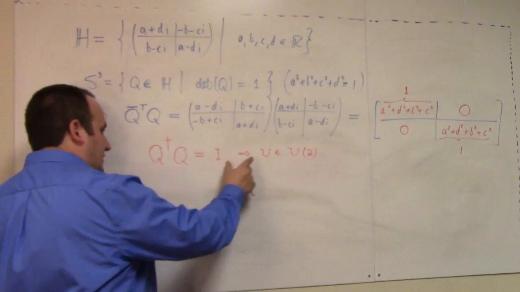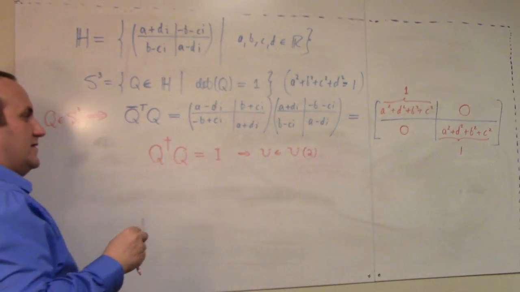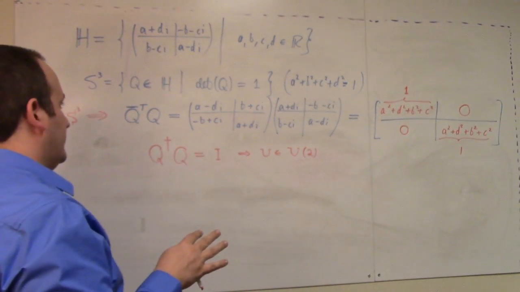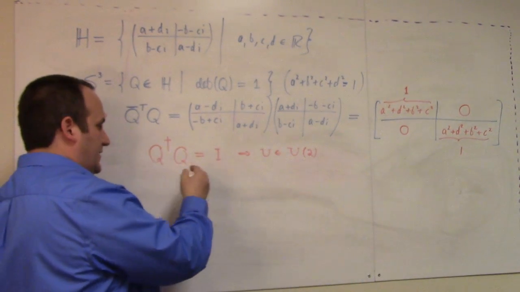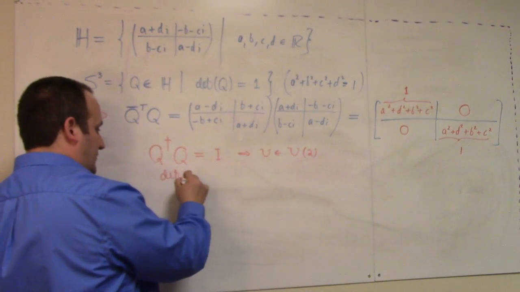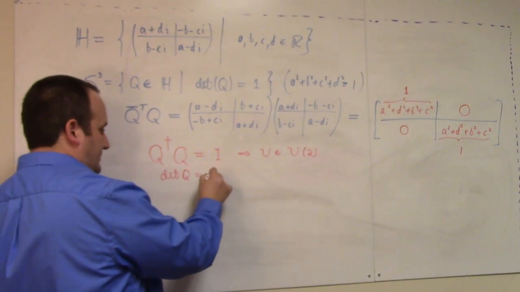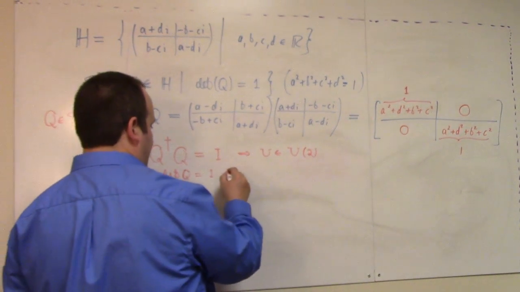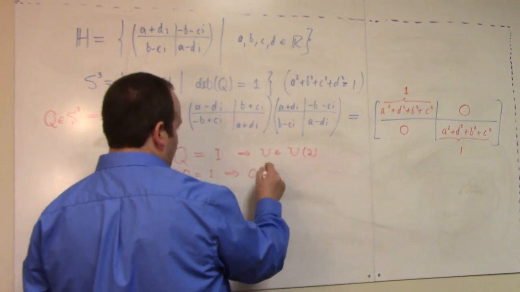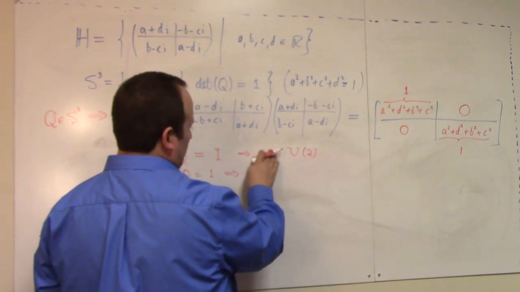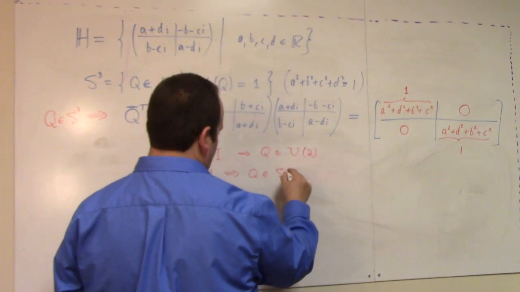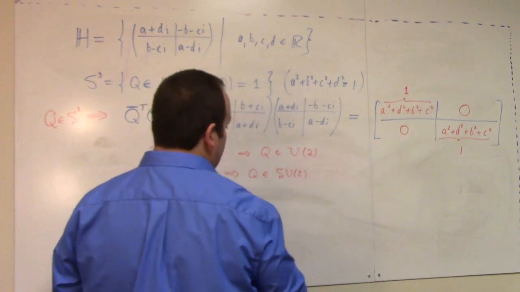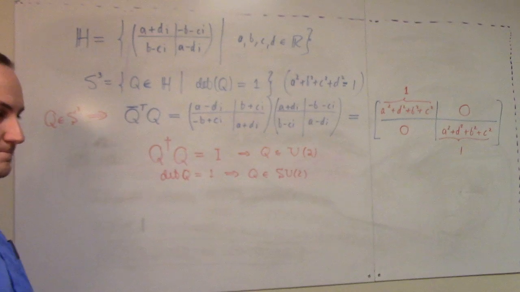So that's a unitary 2x2 matrix, and since the determinant of Q is also equal to 1, Q is actually an element of SU2, the special unitary 2x2 matrices.